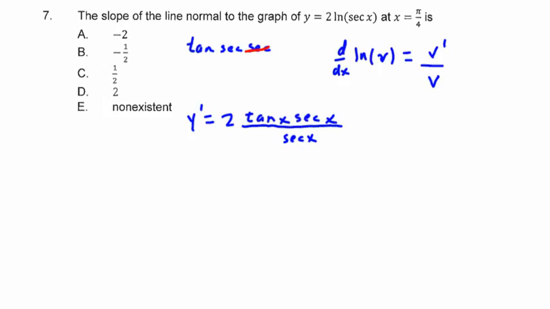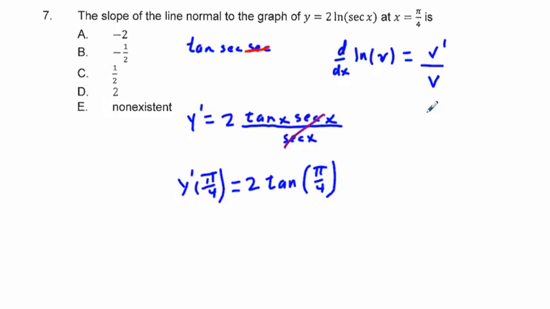Secant x over secant x cancel each other, and we have left 2 tangent x. Well, we're going to have y prime of pi over 4 equals 2 times tangent of pi over 4.